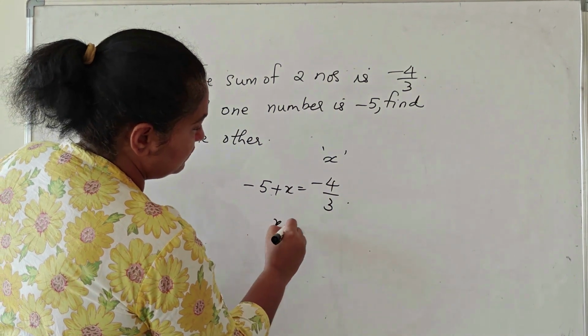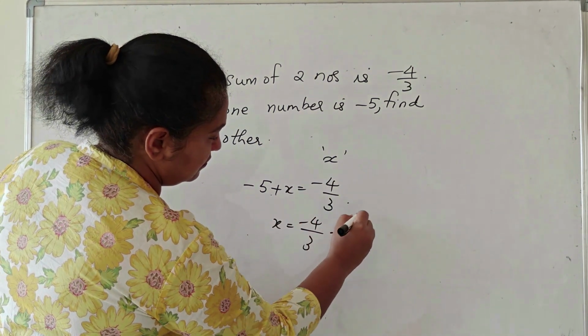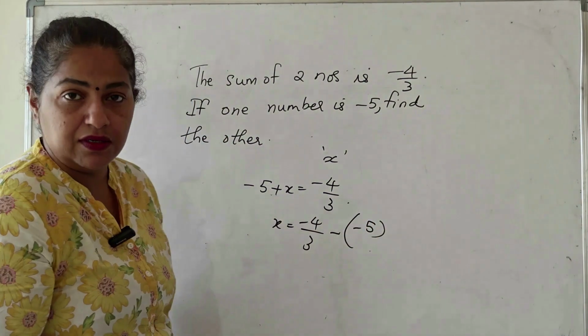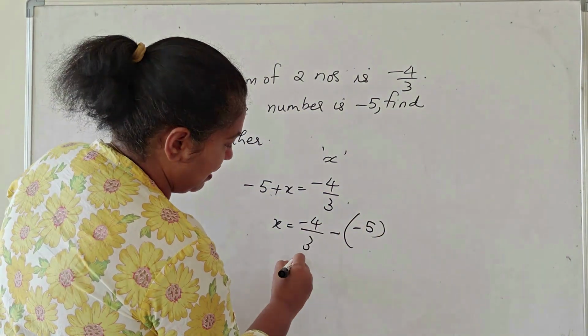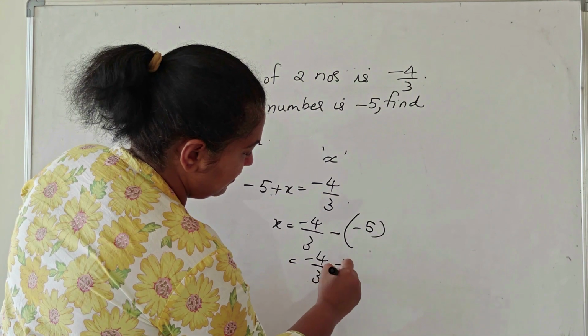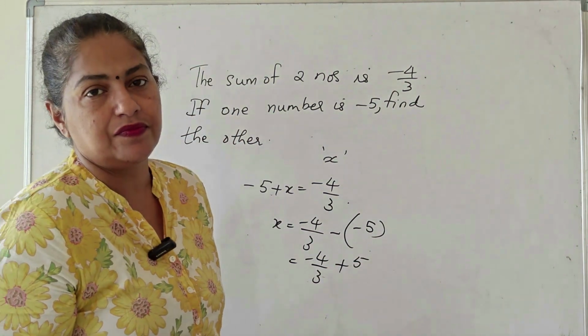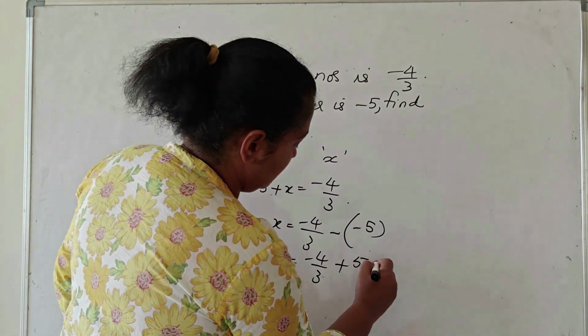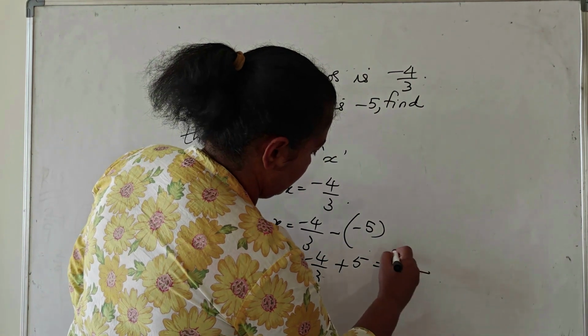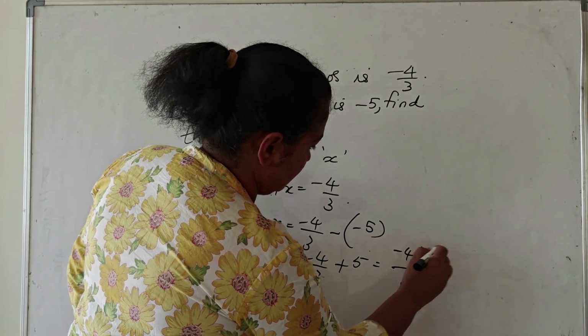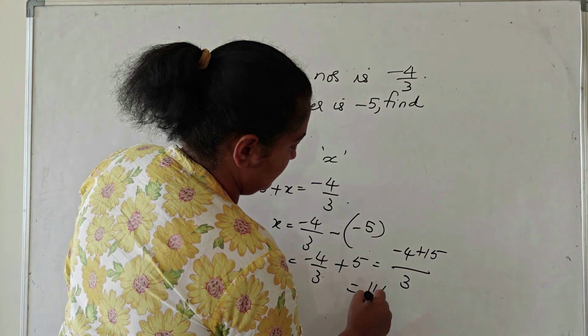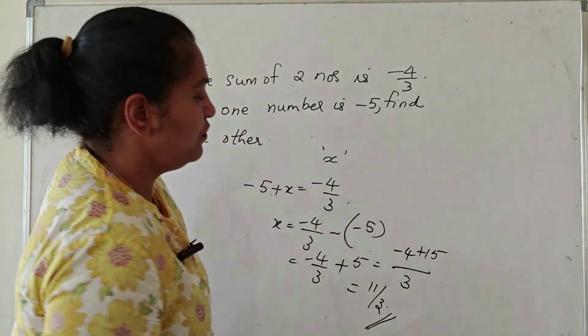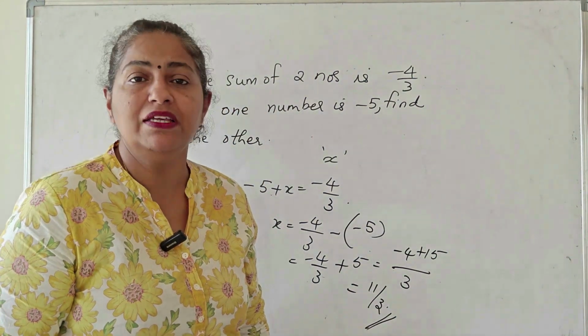So what is x now? Correct. Now two minus signs coming together, it is plus. Fine. So you will get the answer as like 11 by 3.